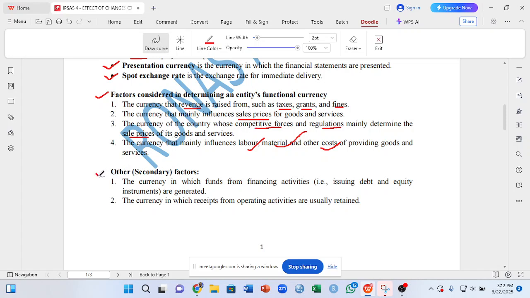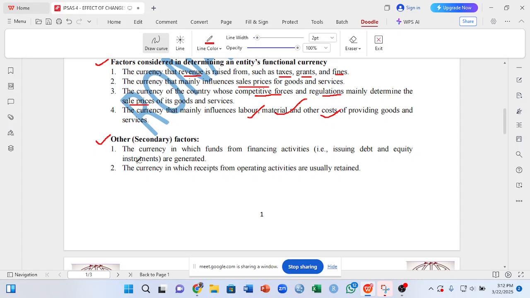However, we have some secondary conditions. We consider the secondary when the primary are not conclusive. So these are the secondary conditions. The first one is the currency in which funds are generated from financing activities. You know, an entity's activities are basically broken down into three main: we have the operating, the financing, and the investing.